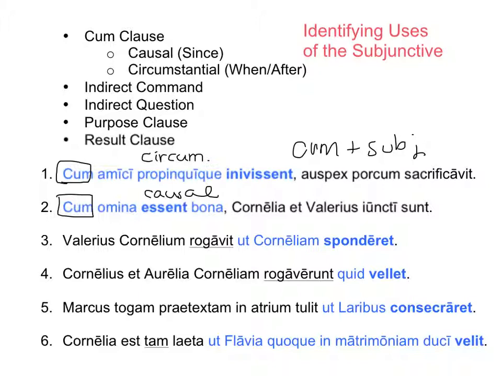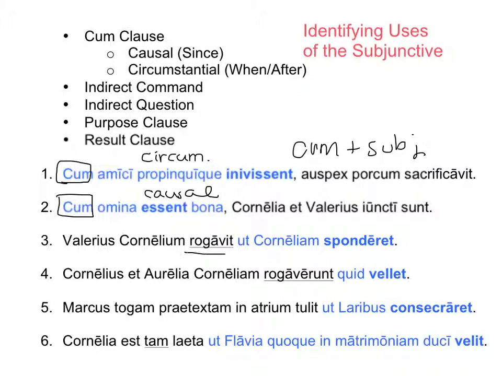So we really want to be careful about which one we have. Valerius rogavit, asked Cornelius, ut Cornelium sponderet. So here's our word, promise Cornelia. What did he ask him? He asked him to promise Cornelia. So was that a question or a command?